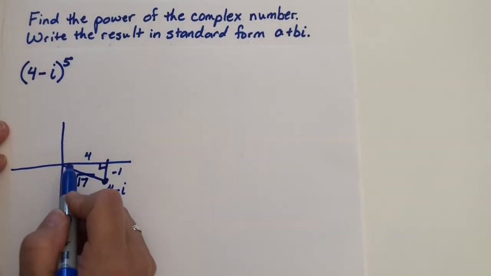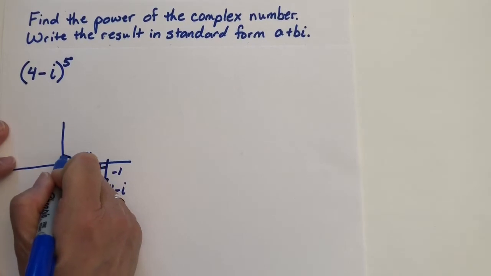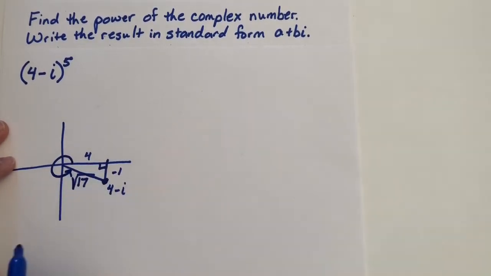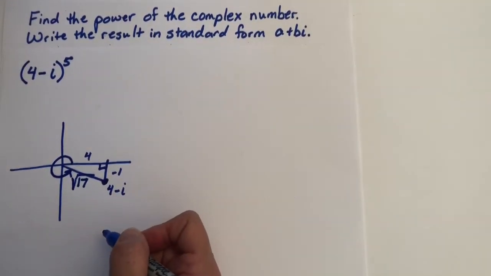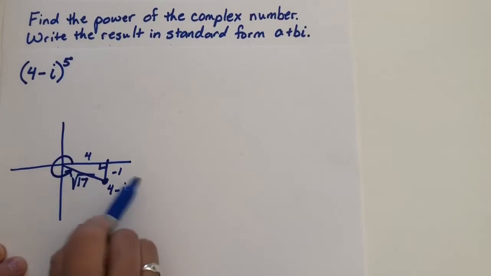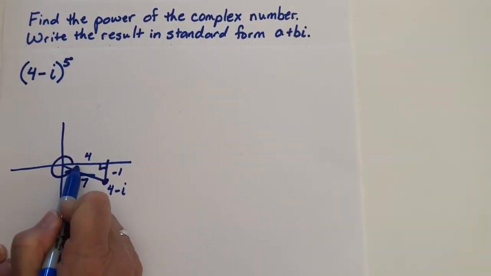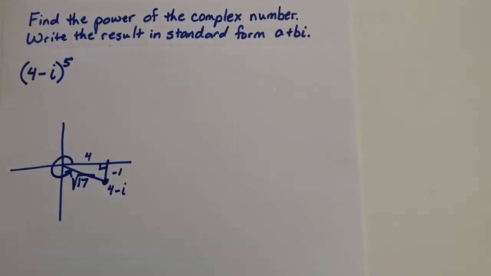And now we need to figure out how big this angle is right here. If you use your calculator, and I'm going to work in radian mode, if you take the inverse tangent of negative 1/4 to figure out how big this angle is, I'll just do that right now. I'm going to use radians, so make sure your calculator's in radians.